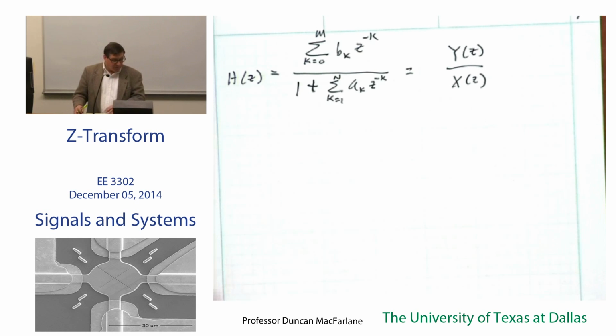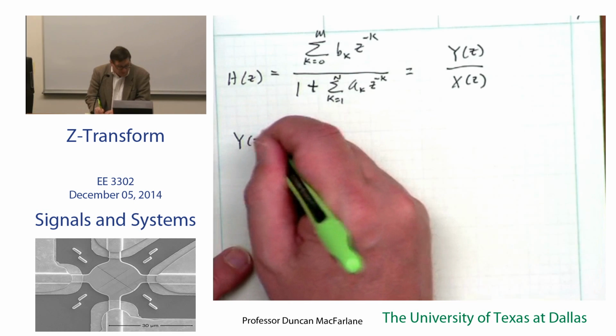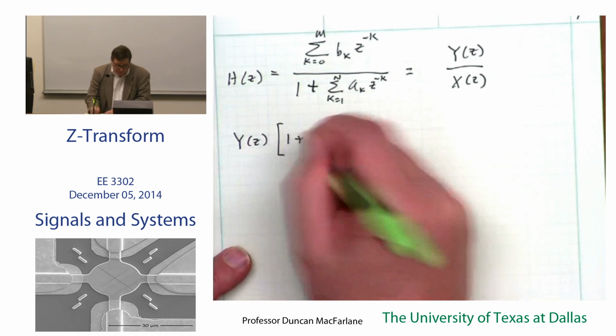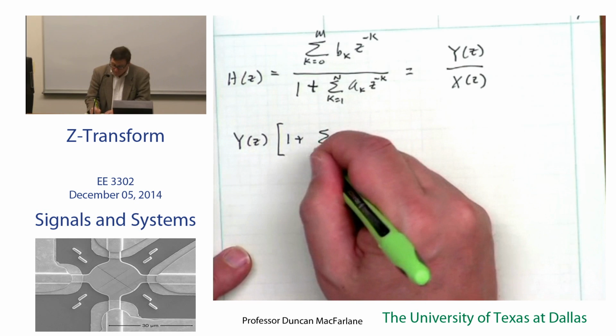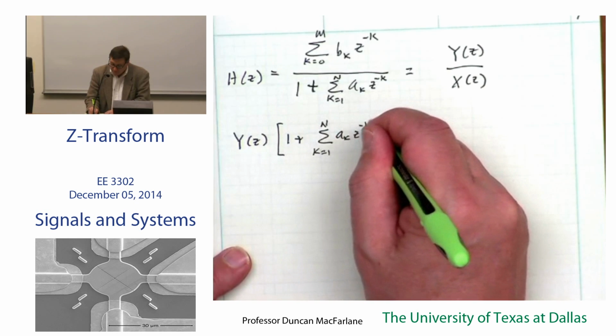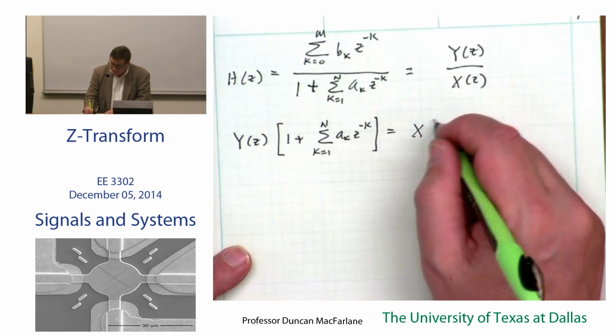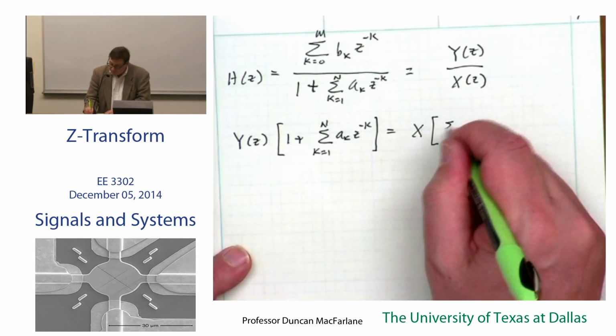And so what I'm going to do is multiply through. So I'm going to have Y of z times my denominator, and I'm going to have X of z multiplied by my numerator.